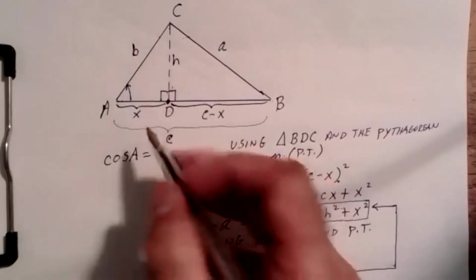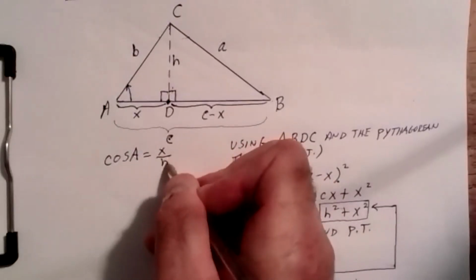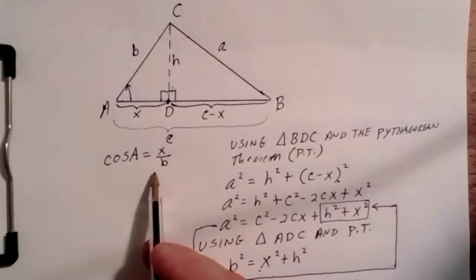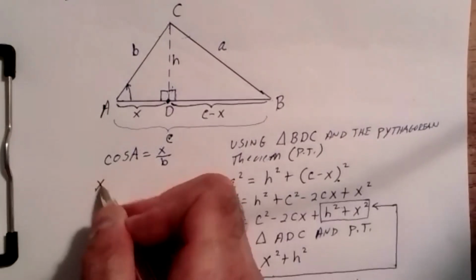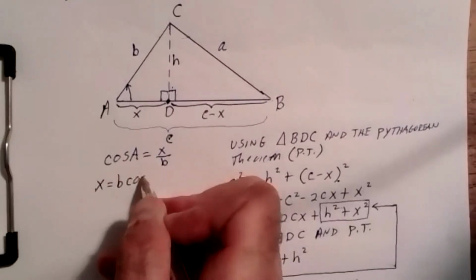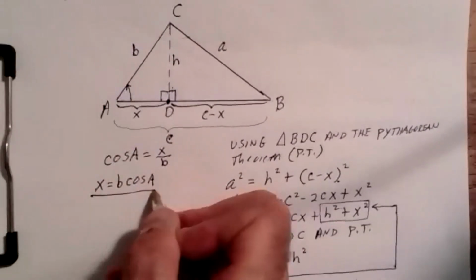So it would be x over b. Whereby when we solve this equation for x, we multiply both sides by b. So x is equal to b times the cosine of A. Do you agree?